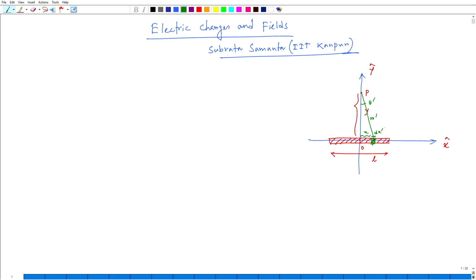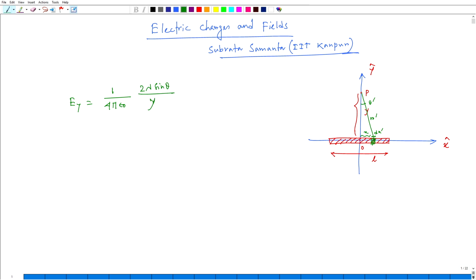Then we integrate over the length of the rod and get the expression, and I hope you also verify this one. E y equals 1 over 4 pi epsilon naught times 2 lambda sin theta over y.